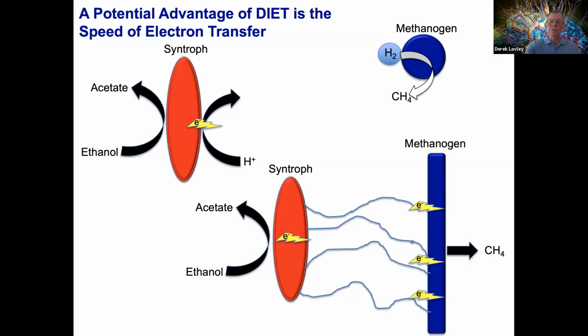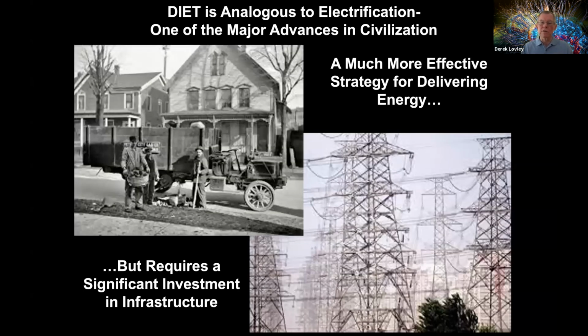Also, this supply of hydrogen can be broken up many ways that may interrupt that flow of hydrogen, whereas once the cells have established that electrical connection, that's really a tight interaction between the two. So there's an advantage to DIET, but there's also a cost. My analogy for this is electrification of human civilization.